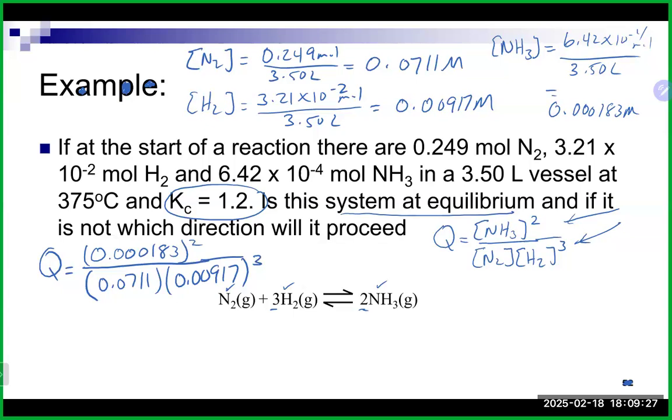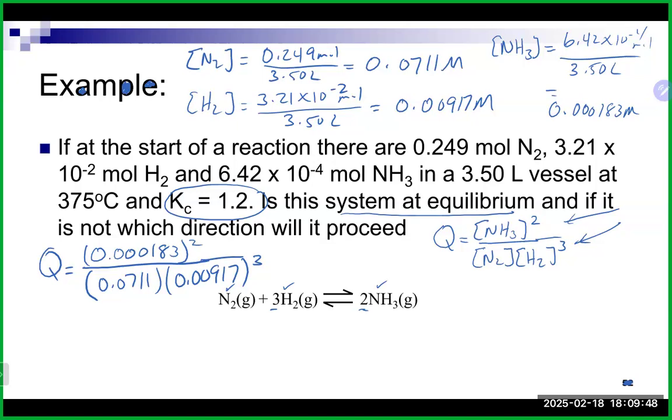So popping that into your calculator correctly: we're going to square the top guy, divide by the bottom. Don't forget to hit equals. Divide by the next bottom guy, open a parentheses, 0.00917 and cube it, close your parentheses.